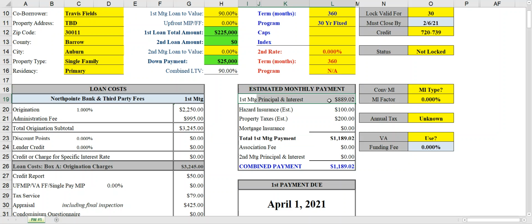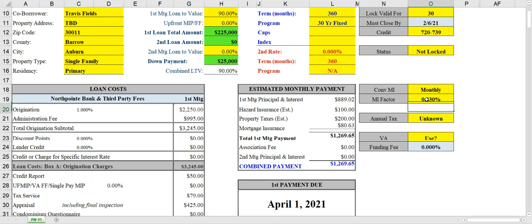We've got our estimated monthly payment here. Principal and interest is based on interest rate and a loan amount. And then as I stated previously, I've estimated what your hazard insurance and property taxes might look like. For our estimated mortgage payment of $1,100, excuse me, I didn't add your mortgage insurance.